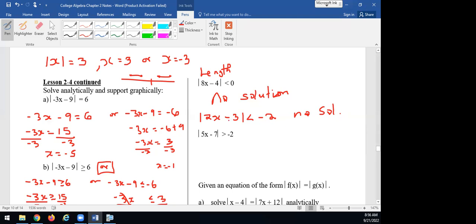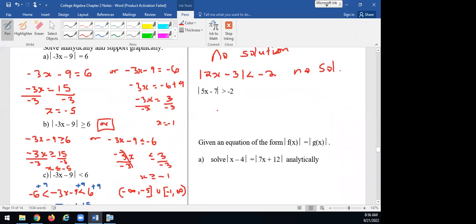All right, let's look at this one down here now. They're saying the absolute value, but look at this one carefully now. The absolute value is greater than negative 2. What do y'all think?